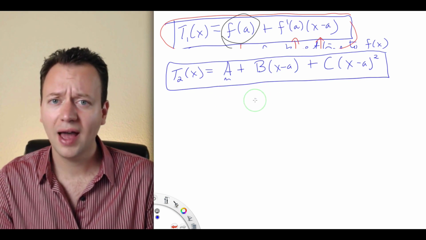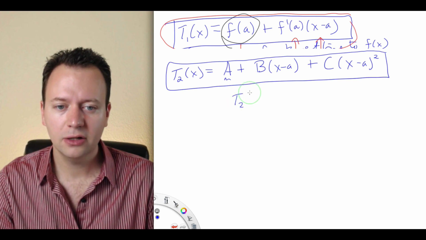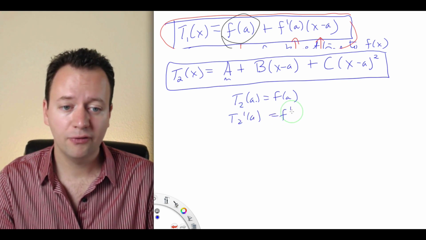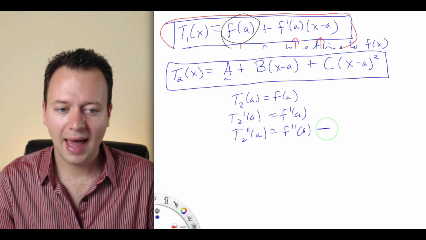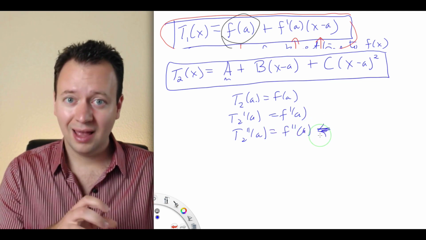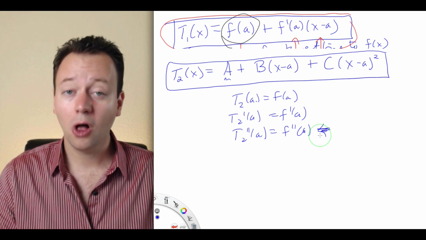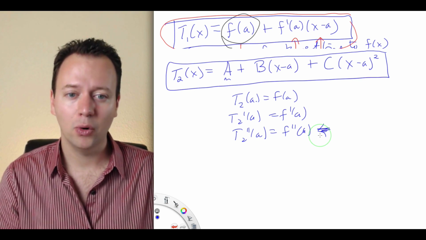So let's find the coefficients capital A, B, and C such that T2 of a is equal to f of a, T2 prime of a is equal to f prime of a, and T2 double prime of a is equal to f double prime of a. So let's just add one more condition. The second derivative of this quadratic function should also equal the second derivative of the function f when evaluated at that point.